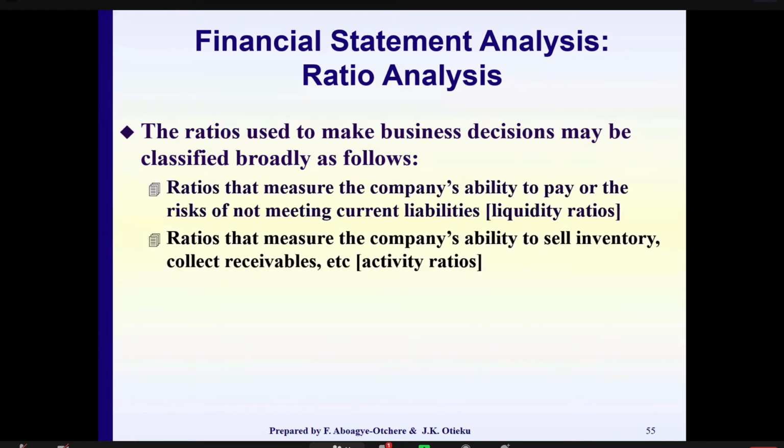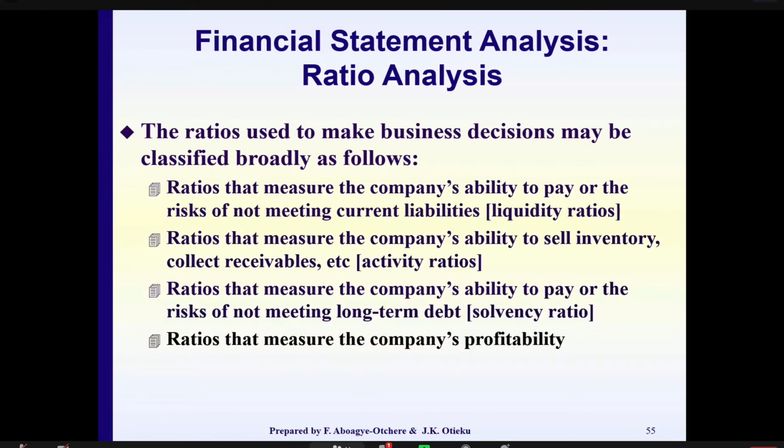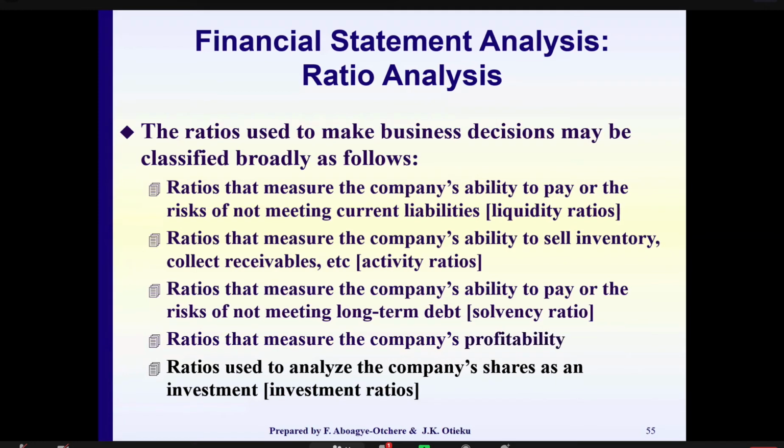Then we list activity ratios, solvency ratios, and profitability ratios. Then we said that if we look at profitability ratios, some of them are specialized, and some of them are used to analyze the shares of a business as an investment. So we can separate them and consider them as investment ratios.